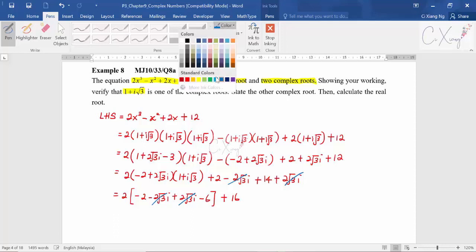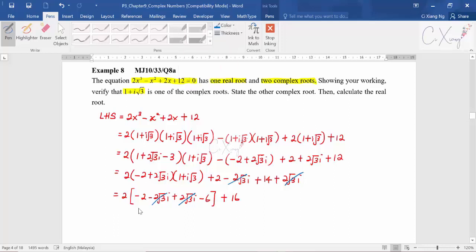So negative 2, negative 6, you have negative 8 inside. Multiply with 2, you have negative 16, then plus 16, which equals 0, which equals the right hand side. So the right hand side of the equation is 0, right? So that means from here you have proved that this is the root of the equation shown above.